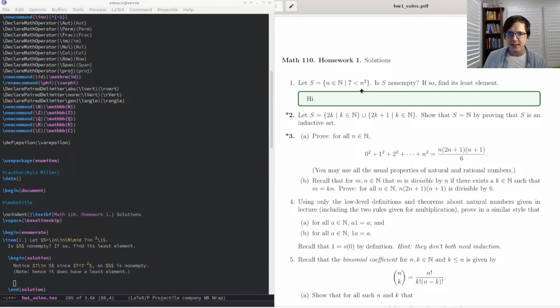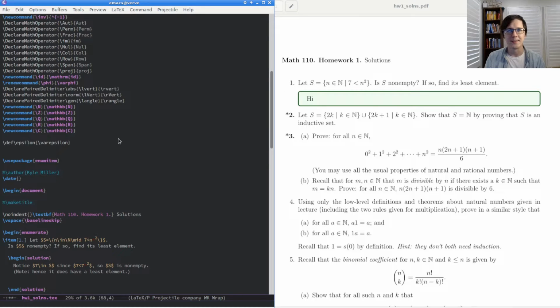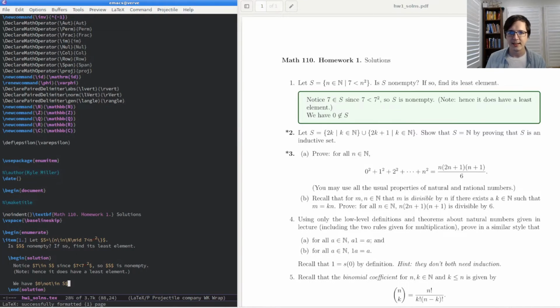Let's see. One of the ways to check what the least element is is just to go through and check whether elements are in it or not. Let's compile it just to see where we are. So 0 is not in it.